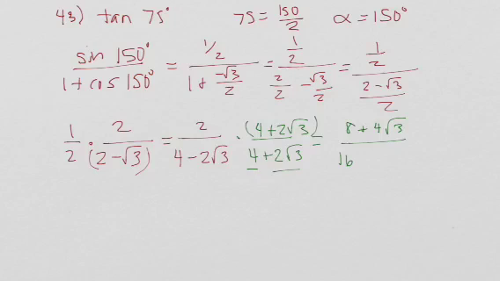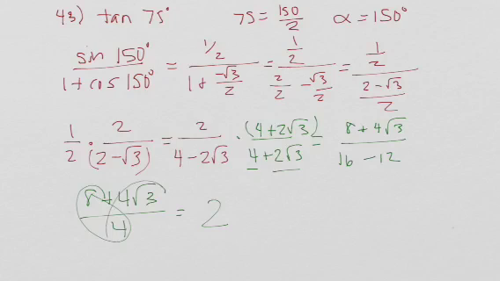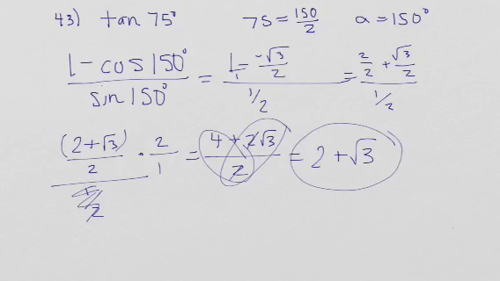Square root 3 squared is 3, and 4 times 3 happens to be 12. And 16 minus 12 is going to end up giving me a 4. So now I have 8 plus 4 square root 3 over 4. And I'll divide first here, which will give me 2. And then I'll divide here, where the 4's cancel, leaving me a positive square root 3. Same thing I got doing it the other way, but this way didn't have any nasty denominators.